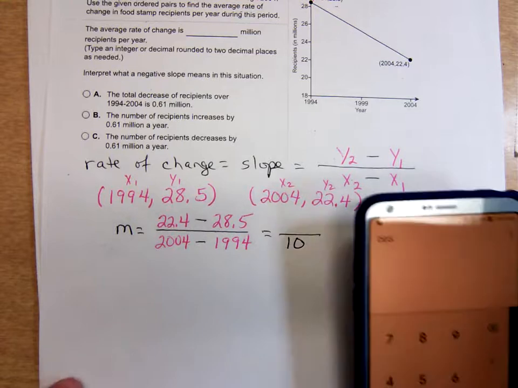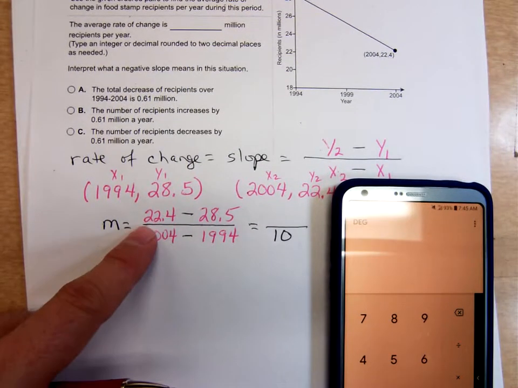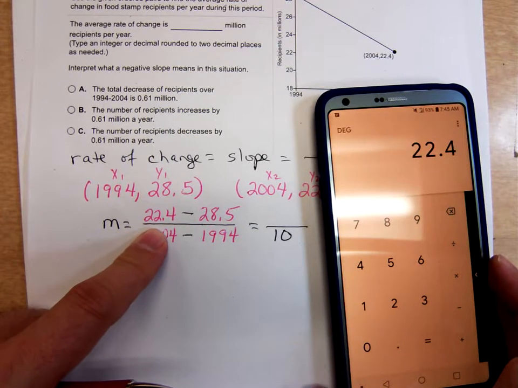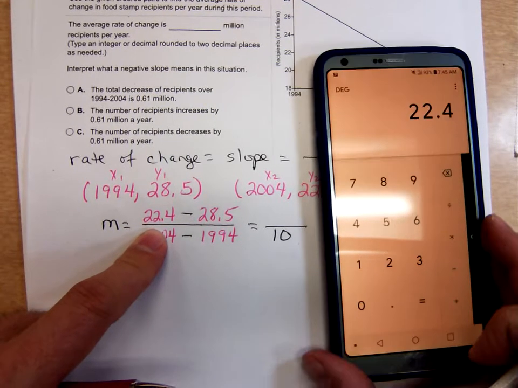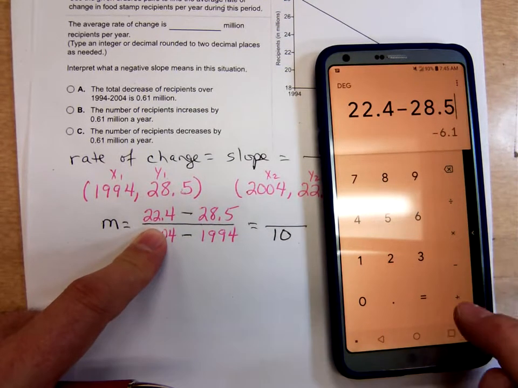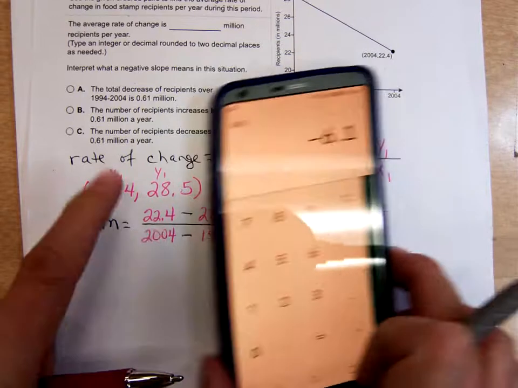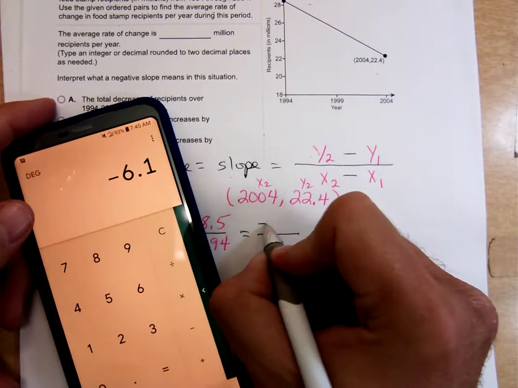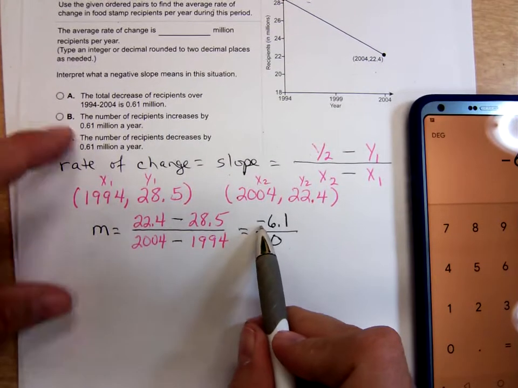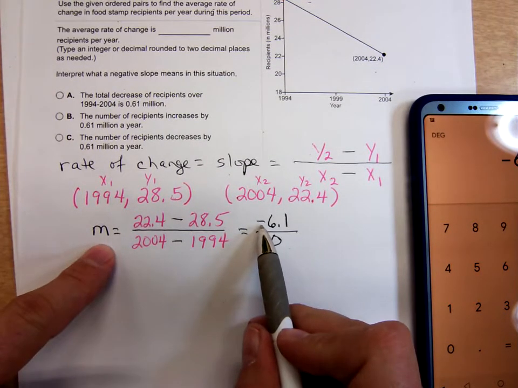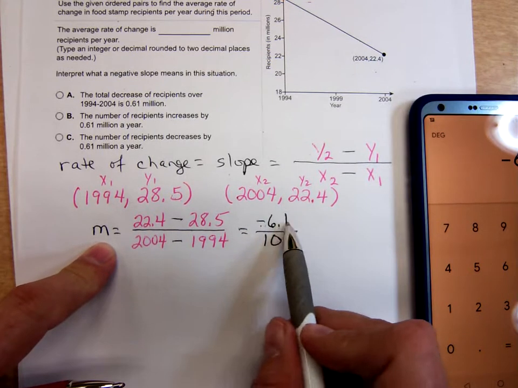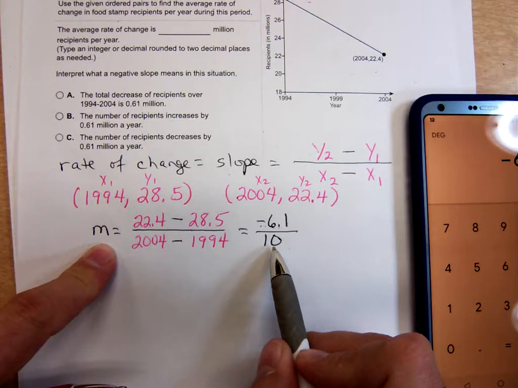So over a 10-year time span, the number of food stamp recipients went from 28.5 million to 22.4 million. So negative 6.1 million. Since it's negative, that's saying that the number of food stamp recipients decreased by 6.1 million people over a 10-year time span.